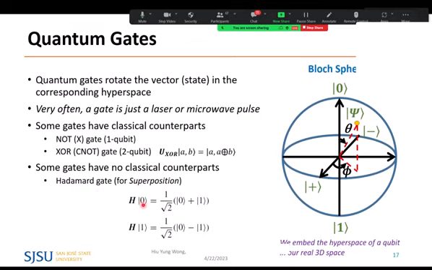I have a basic state starting from 0. After I apply the Hadamard gate, it becomes a superposition of 0 and 1. In a classical computer, if you have a register and I ask you what is the content, you say it is 0 or 1, fine. If you say 0 plus 1, we know that this is an error. It must be an error, right? But we can do this in a quantum computer.